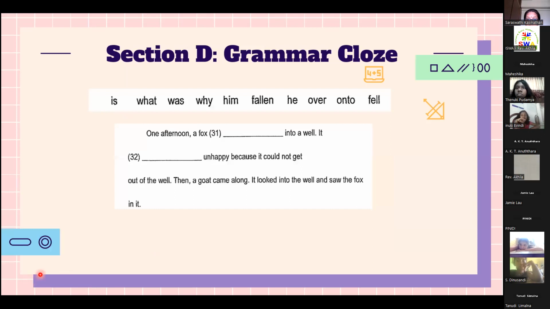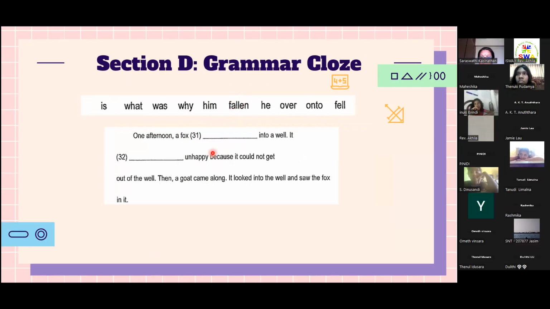Now let's go back to the question again. Can anybody explain to me why I can't use the word fallen here? What is missing? The word had is missing, right?